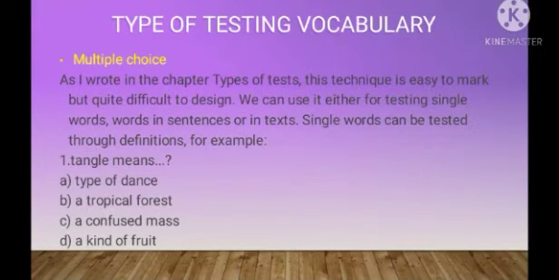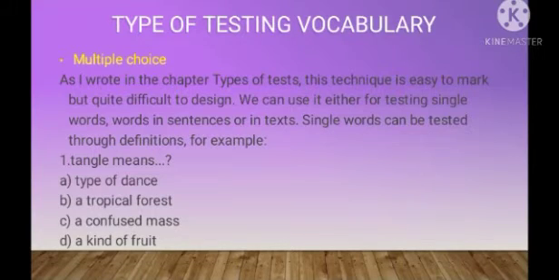Okay, next. Below are some types of testing vocabulary. First, multiple choice. As I wrote in the chapter on types of tests, this technique is easy to mark but quite difficult to design. We can use it either for testing single words, words in sentences or in text. Single words can be tested through definition. For example, number 1.